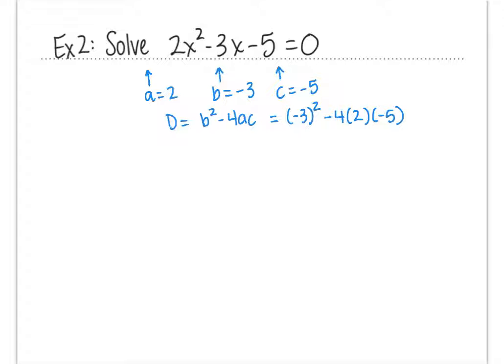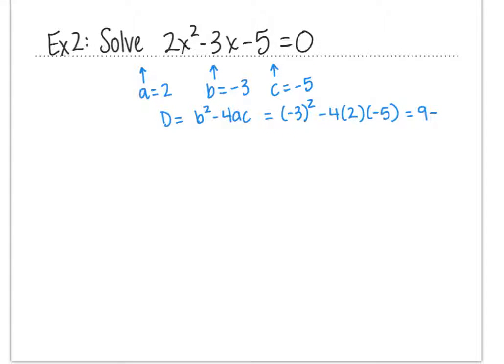Negative 3 squared gives us positive 9, and then 4 times 2 times negative 5, we are going to be evaluating 9 minus negative 40, which equals 49.